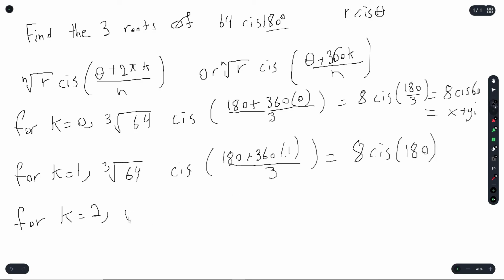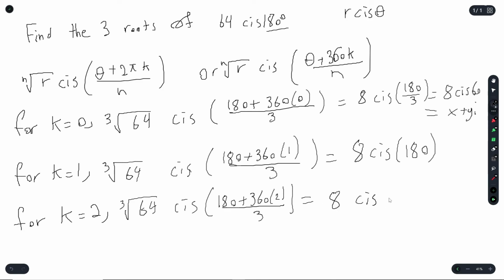And then the last one, the cube root of 64, cis (180 plus 360 times 2) over 3 equals 8 cis, then on the calculator it will become 300. And those are our 3 answers.